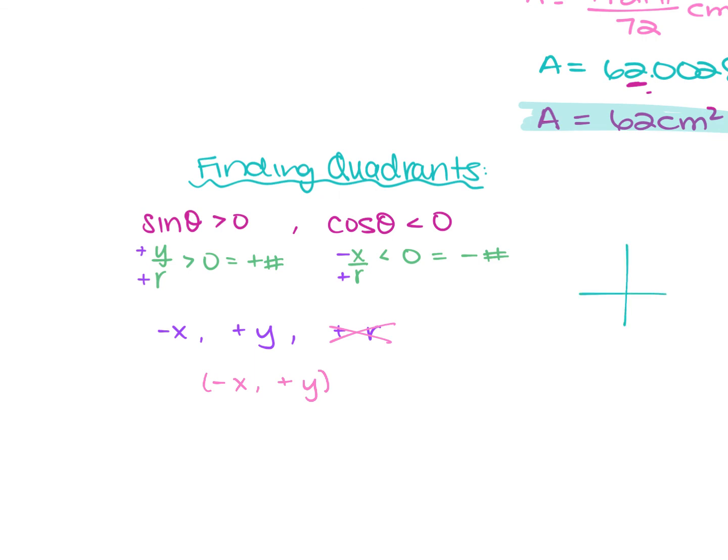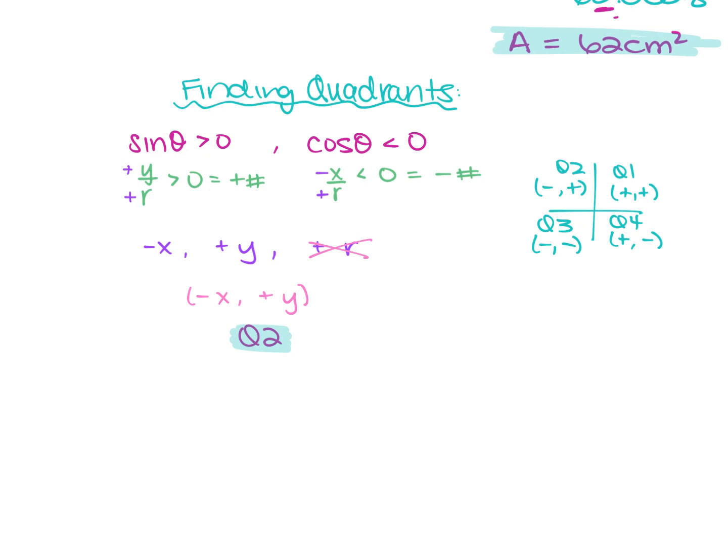In quadrant 1, you have a positive x and a positive y. Quadrant 2, you have a negative x and a positive y. Quadrant 3, they are both negative. In quadrant 4, your x is positive and your y is negative. So which quadrant do you have a negative x and a positive y? Quadrant 2. So this theta lies in quadrant 2.